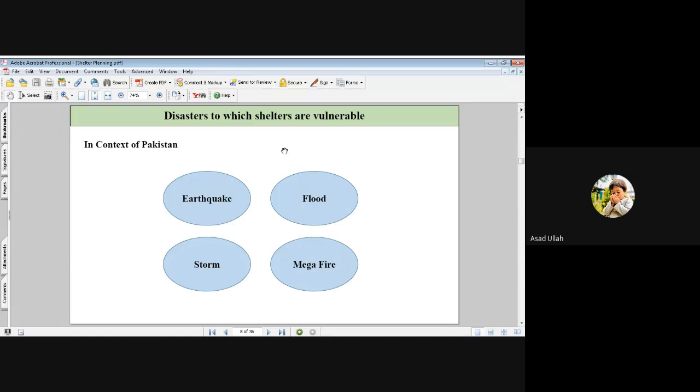Yes, you are right. As we discussed with internally displaced people in the previous slides, for them you need these shelters.